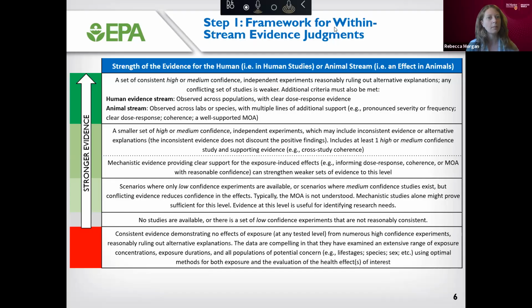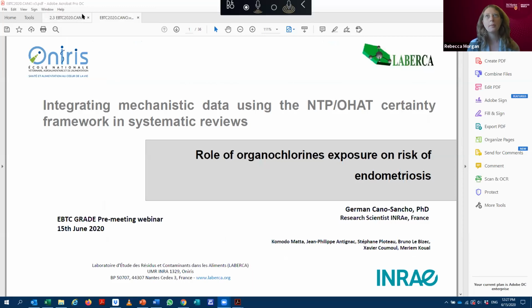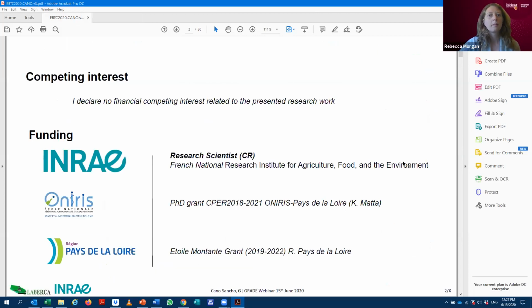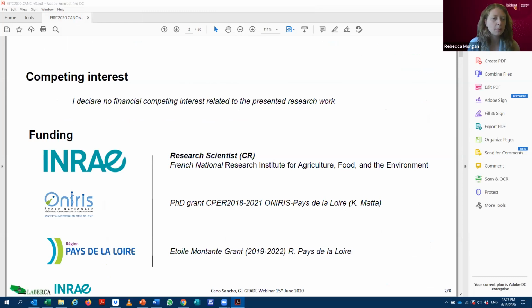But you're also adding this domain at the end, talking about consistency, right? So you have this pairing between an issue of indirectness within the human data, I believe, which is then picked up again, I think it's second or third from last, within this domain of consistency between the human and the animal streams.